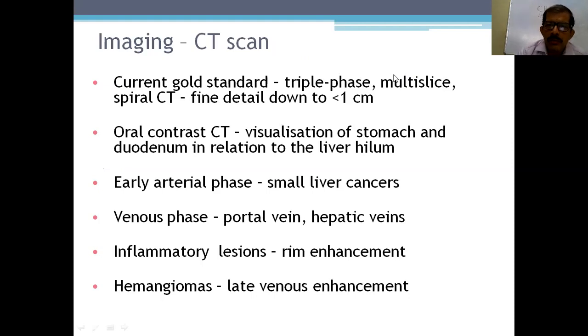You should all know what our facilities are. How many slice CT scan do we have? Or at least guess, or at least tell me how these numbers go. CT scan slices.